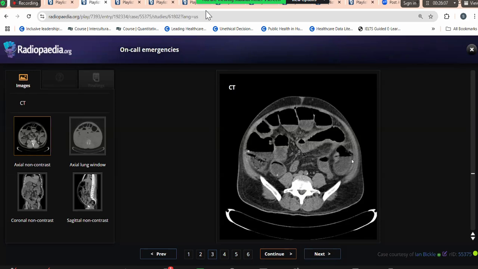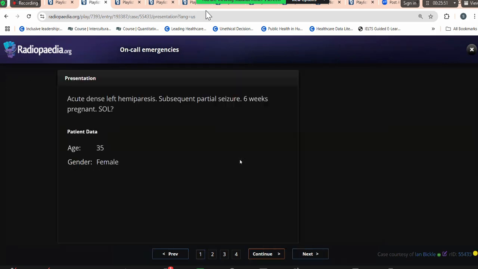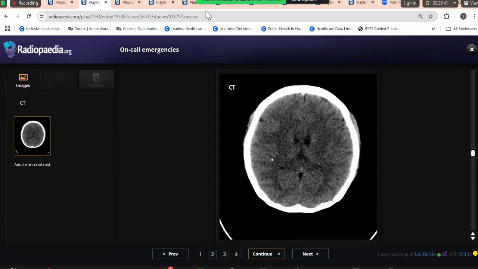Okay, leave the mouse. I'll give you the next case, yeah? So this is your next young female patient, 6 weeks pregnant, and she has dense left hemiparesis, okay? This is your CT. Go ahead, scroll it and give me your interpretation.